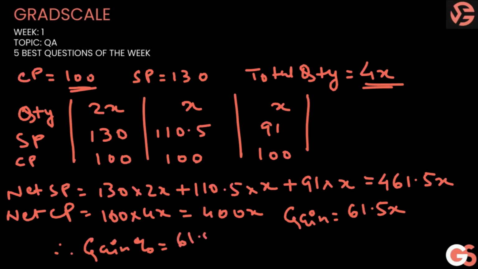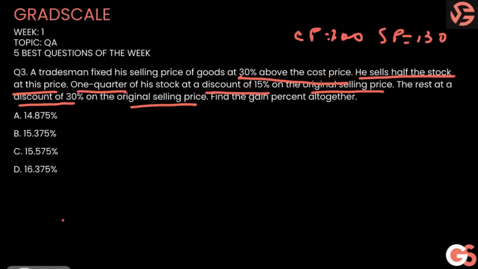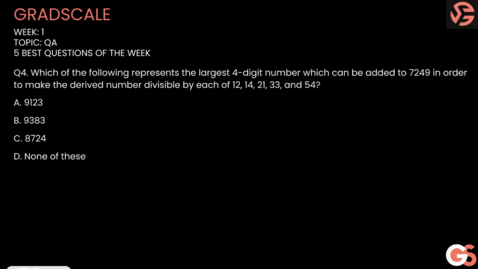So that is 61.5 by 400 multiplied by 100. You calculate it, the answer comes up to be 15.375%. So B is the right answer. I hope it's clear. All right.